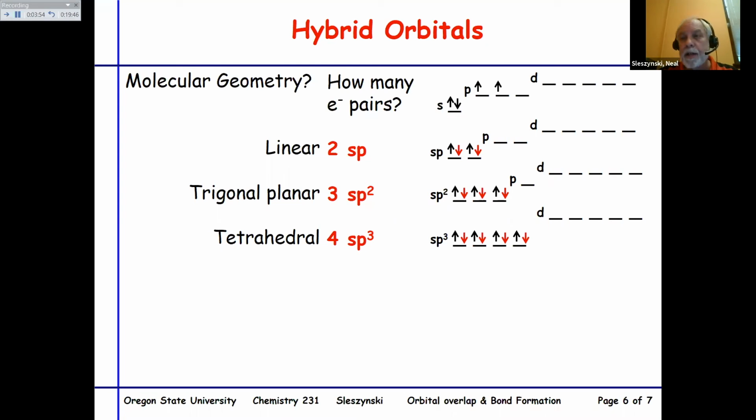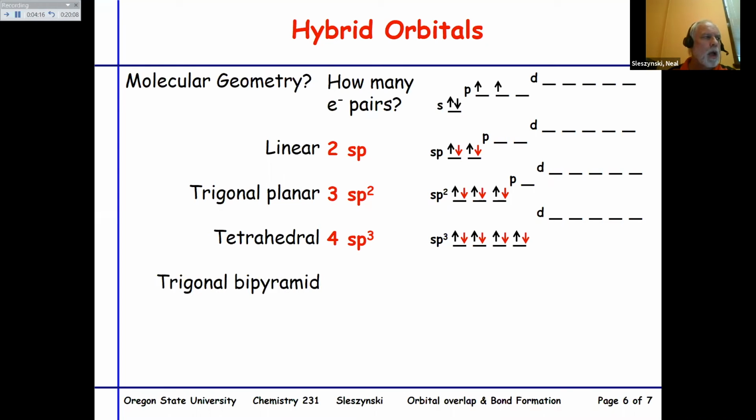So if I have a tetrahedral configuration, that means I had four repelling electron pairs. That means that I had to hybridize my orbitals into sp3. I combined one s orbital with three p orbitals to give myself sp3 hybridization, which gives me that tetrahedral electron geometry.